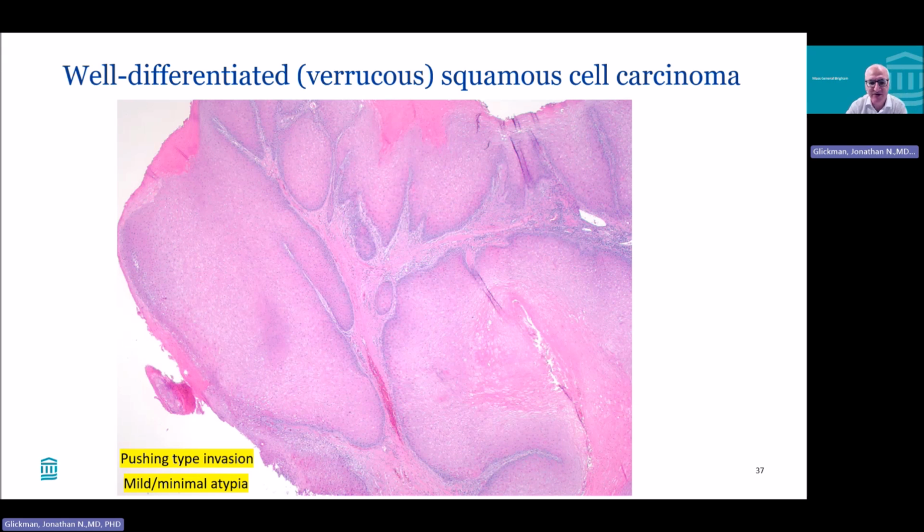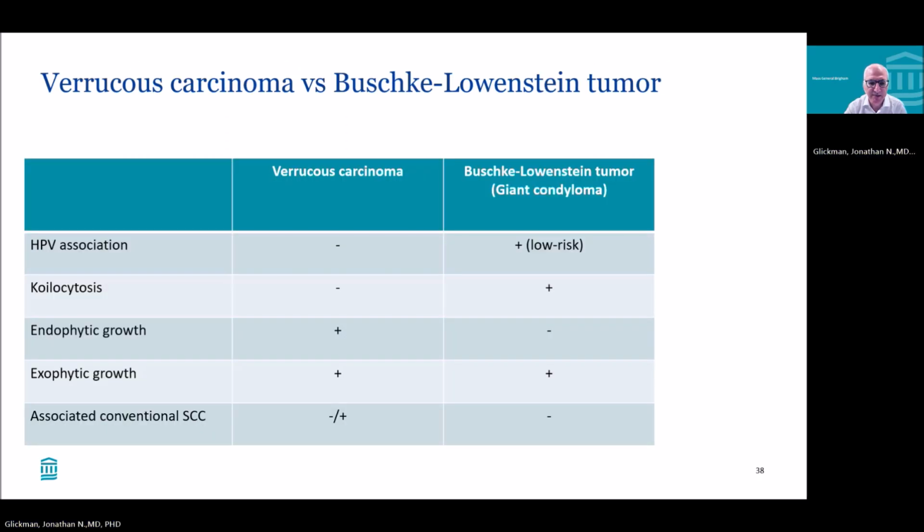And also at the well differentiated end, one can have so-called verrucous squamous cell carcinomas that have pushing type invasion and mild to minimal atypia. But these verrucous carcinomas, interestingly, don't appear to be HPV associated, but they can also be associated with conventional squamous cell carcinomas.